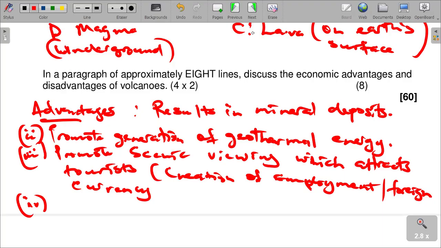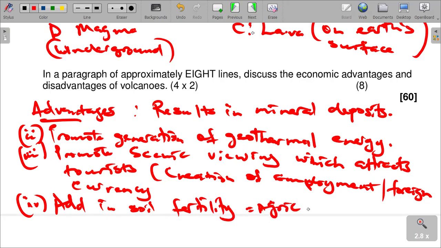And then it can also aid in soil fertility, which is good for agricultural purposes, important for our crop farming, especially when the lava cools down and erodes, releasing elements that increase soil fertility.